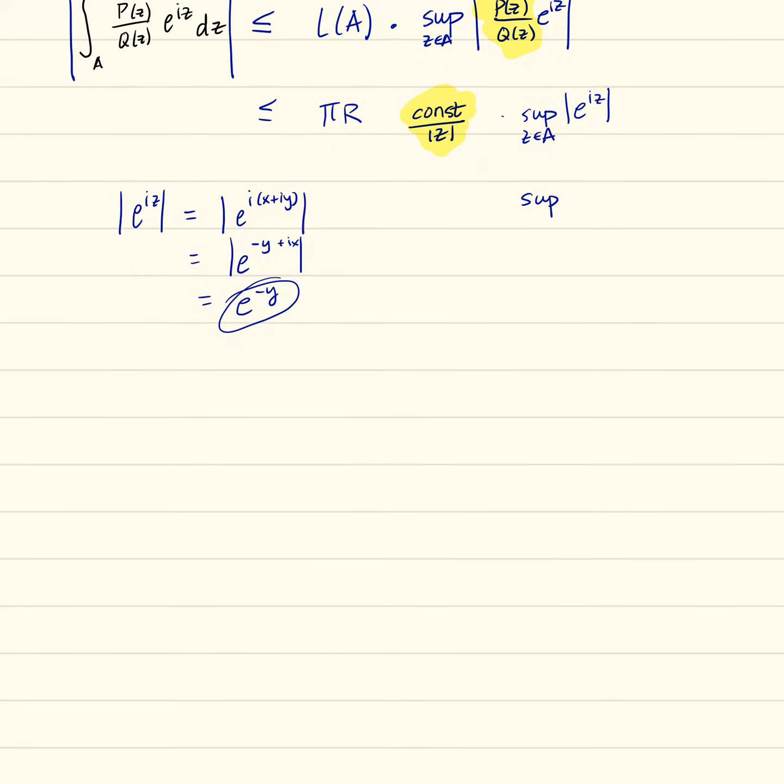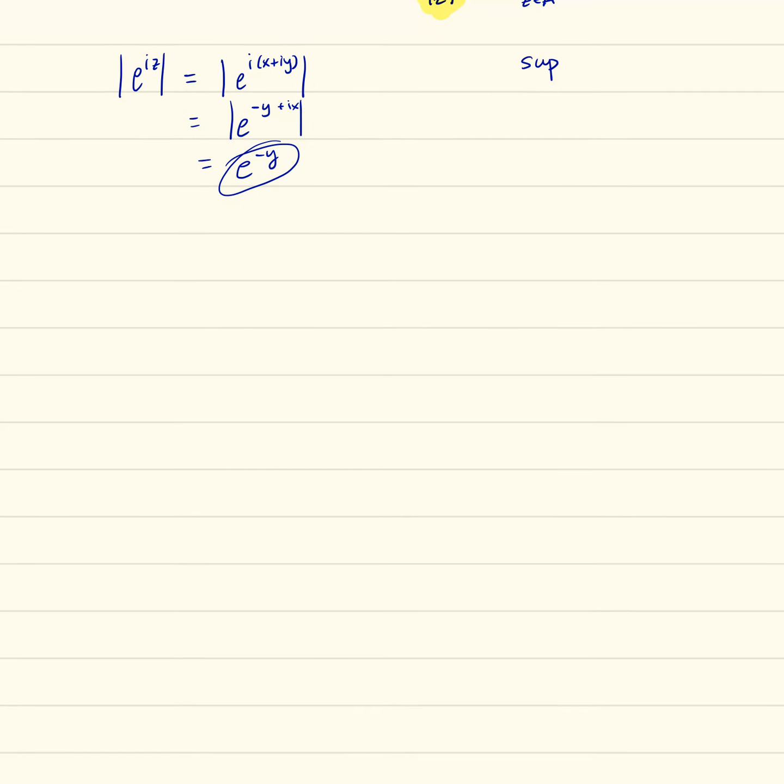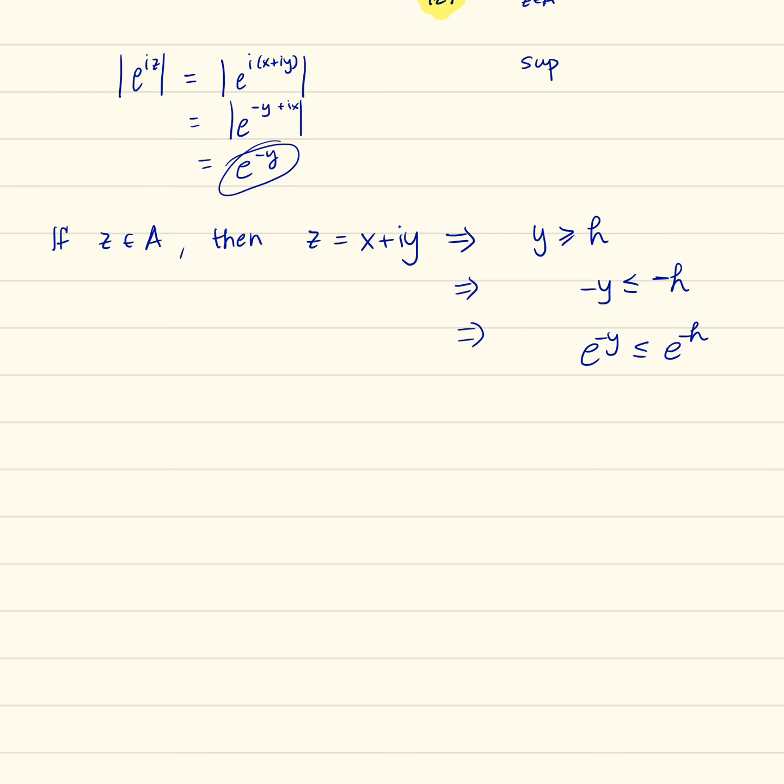Now, if z is in A, then z = x + iy implies that y is bigger than or equal to h, right? Which implies -y is less than or equal to -h. So e^(-y) is going to be less than or equal to e^(-h).